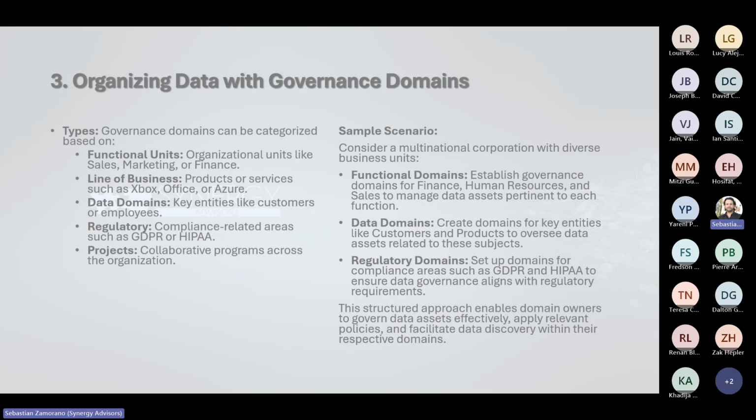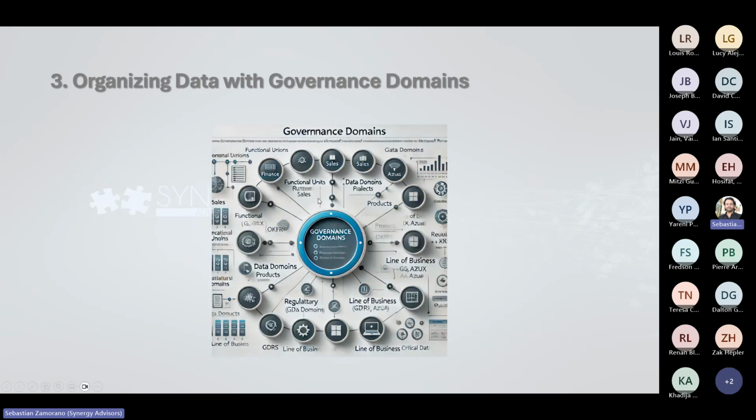As an example, the GDPR or the new California state law in the US. This governance domain permits us to start establishing that. Nevertheless, we are able to use the same data sources in different governance domains.